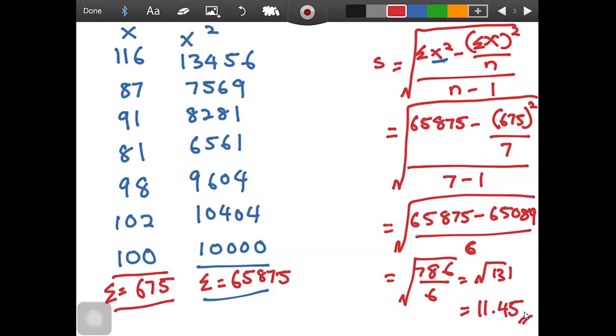So this is your answer for standard deviation. Okay, this is the answer for standard deviation. So I hope you can follow this formula. After this, we may try another question. All right.